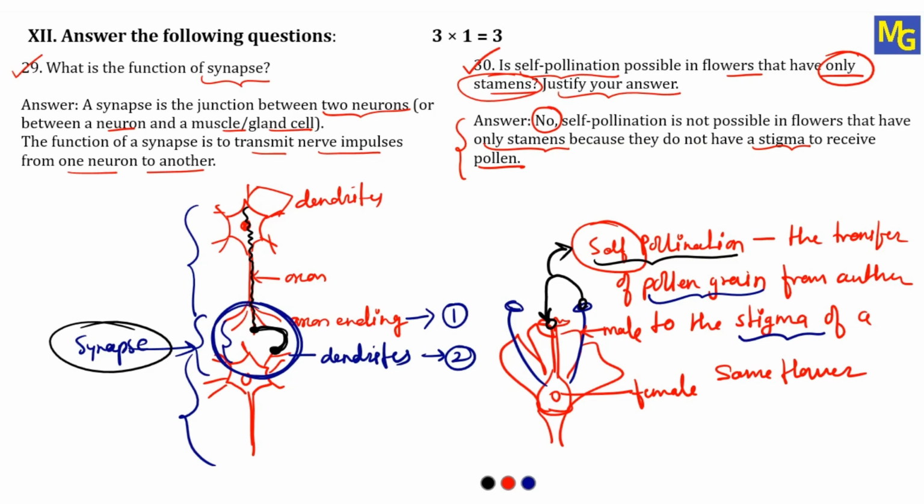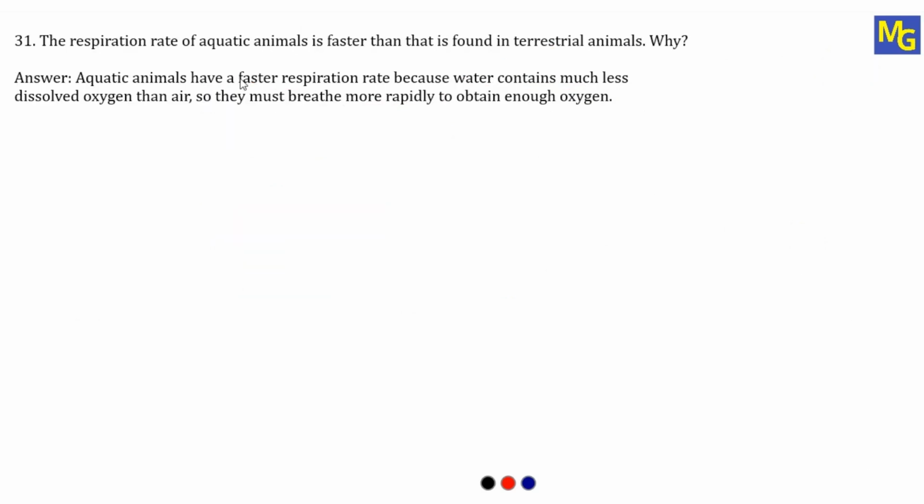Now we'll see the next question. Question number 31 says the respiration rate of aquatic animals is faster than that found in terrestrial animals. Why? The respiration rate means the speed of respiration. Respiration means inhaling and exhaling. The speed of respiration in aquatic animals is faster. What is an aquatic animal?